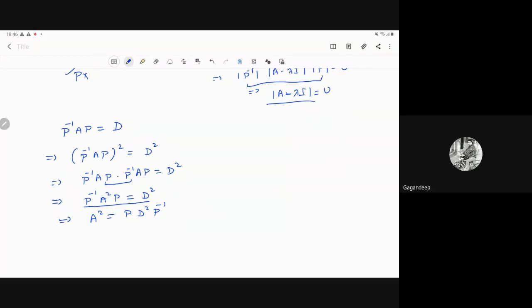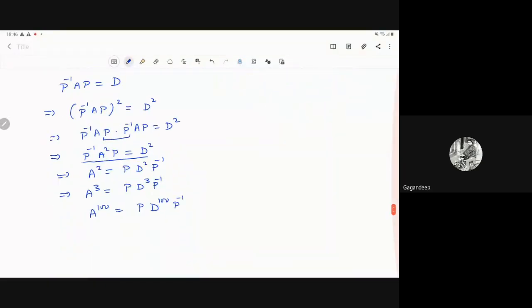What does it mean? If I further find A cube, the same thing will happen. I can write P D cube P inverse. Even if I do A power 100, no problem. I can write P times D power 100 into P inverse.